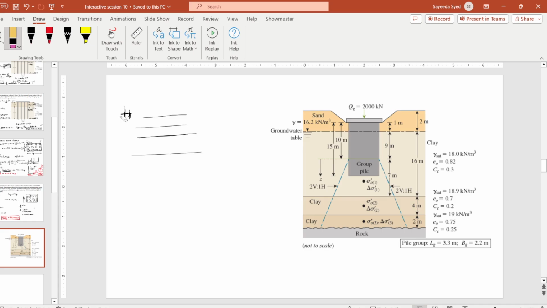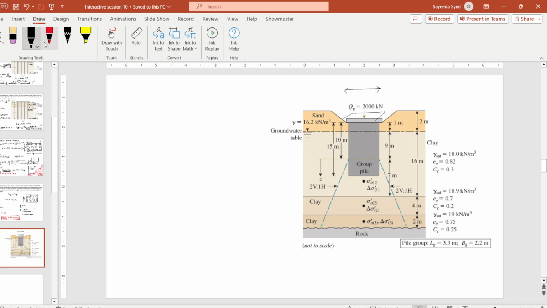What we are talking about here is a pile group which has a significant depth and breadth. This is the pile cap. It will act as a raft, and below this, settlement will take place, quite similar to what we do in shallow foundations.